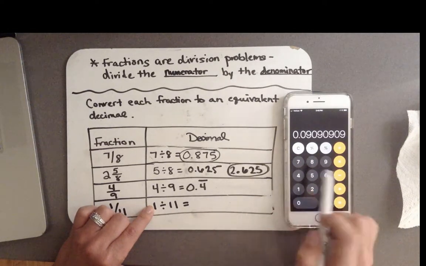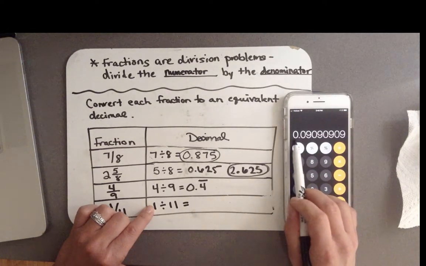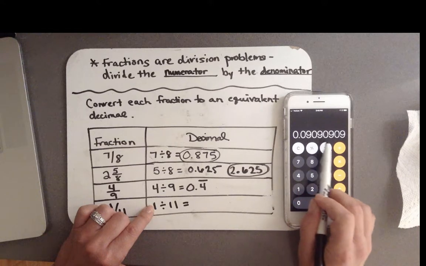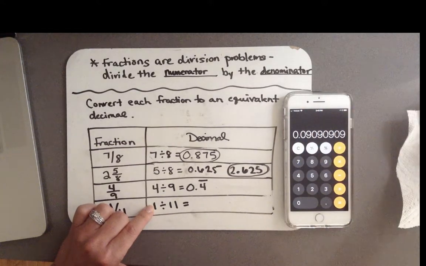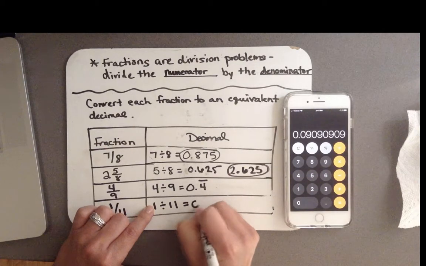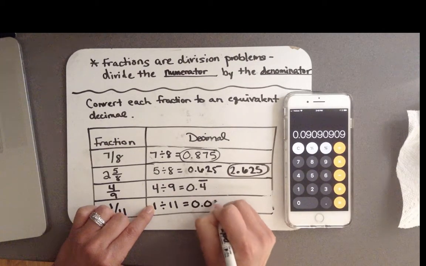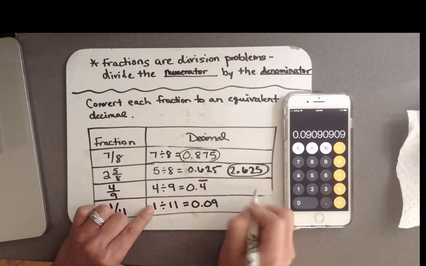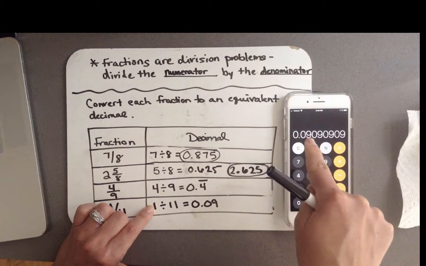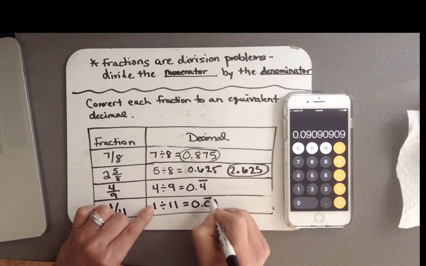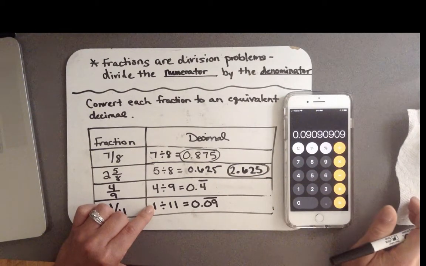Huh, interesting. There's no whole number. 0.09090909, and that would actually continue on forever. So I don't want to sit here and write 0.09090909. So I'm going to ask myself, what digits repeat? 0 and 9. So now my notation bar is going to go over both 0 and 9 since they both repeat.